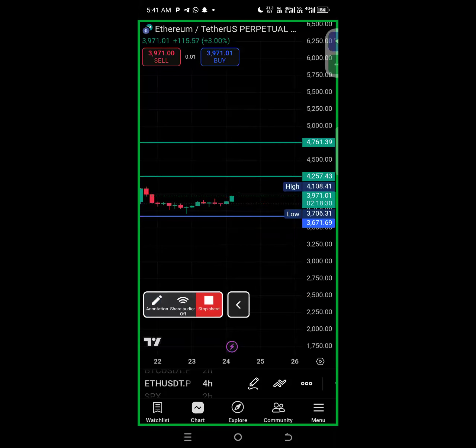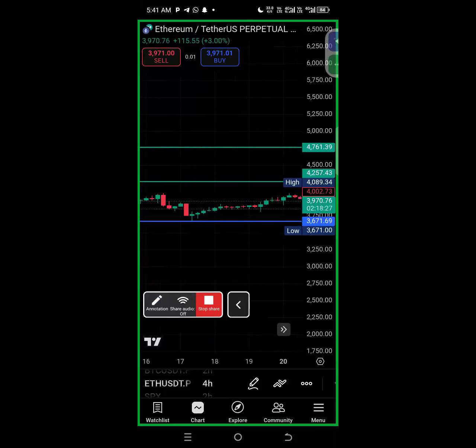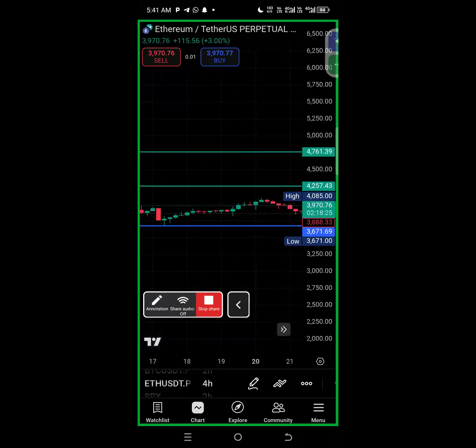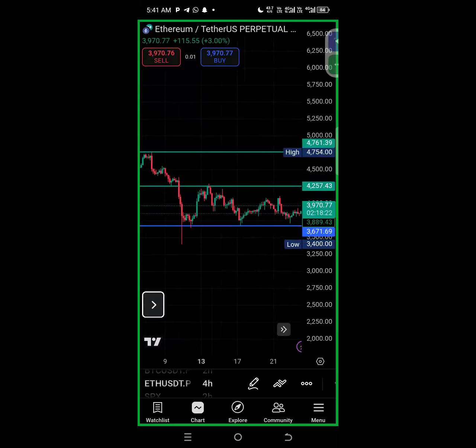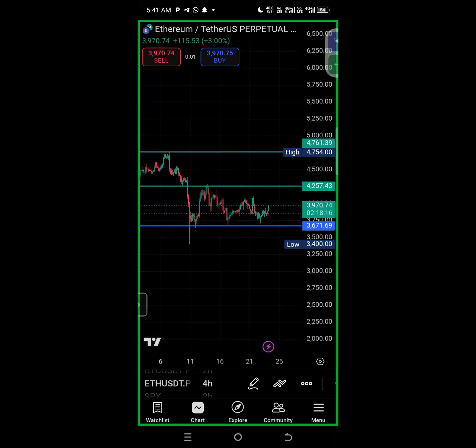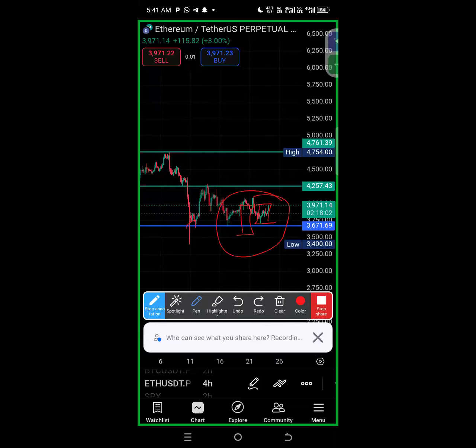Right? Let's look at the previous ones. Now, if we look at this particular chart clearly, you could realize that on this particular day, after the price broke very deeply below the support, this is our support zone, the price reacted differently.